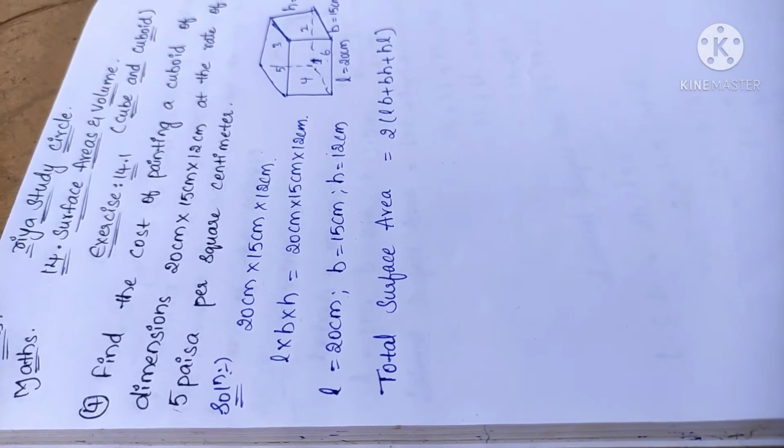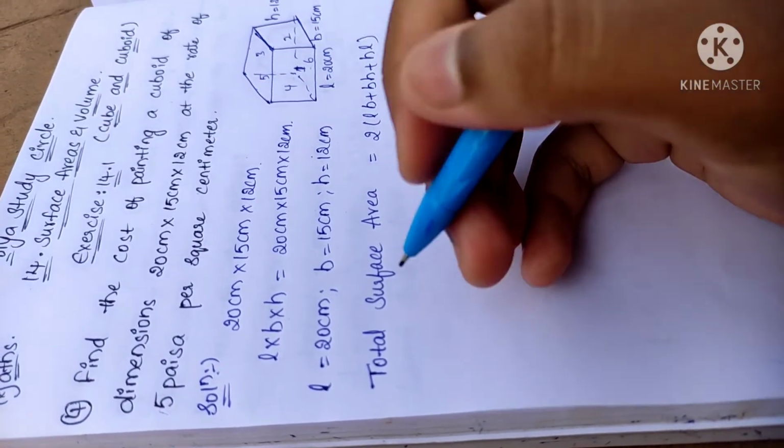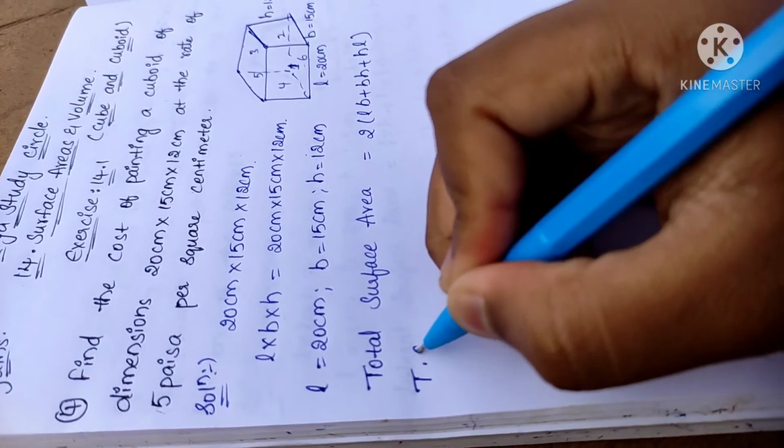Firstly, we have 6 faces for the cuboid, so we have to find the area of all 6 faces.